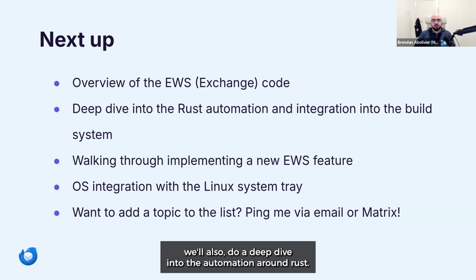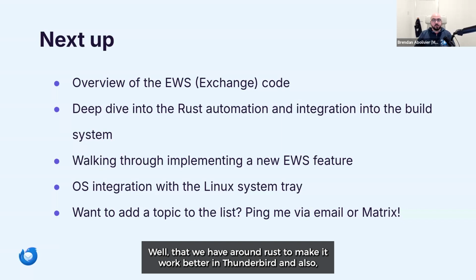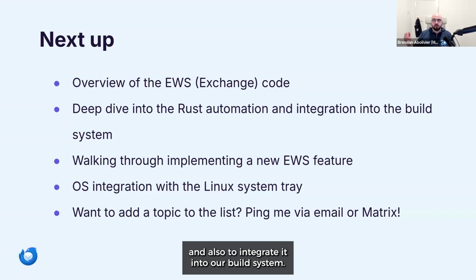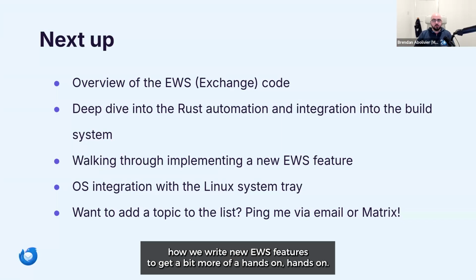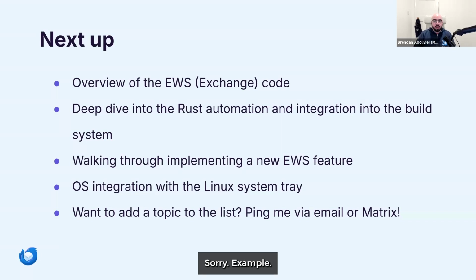We'll also do a deep dive into the automation that we have around Rust to make it work better in Thunderbird, and also to integrate it into our build system. We'll do a walkthrough with a tiny bit of live coding, probably on how we write new EWS features to get a bit more of a hands-on example.